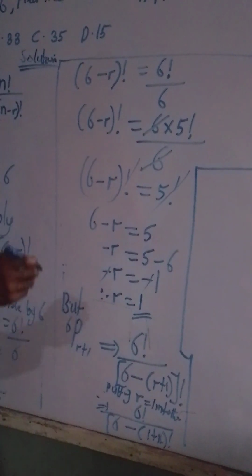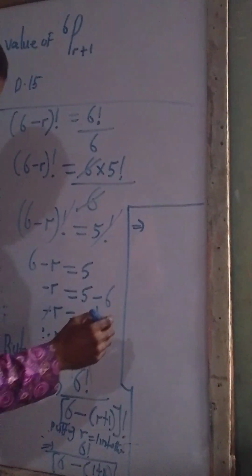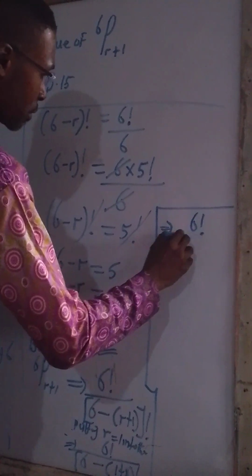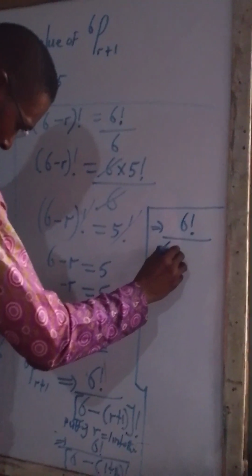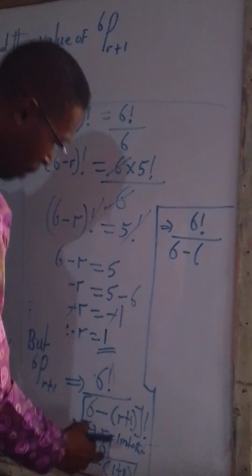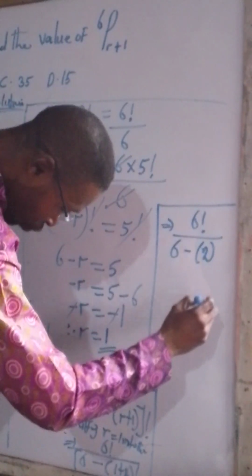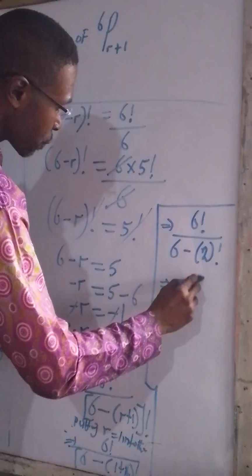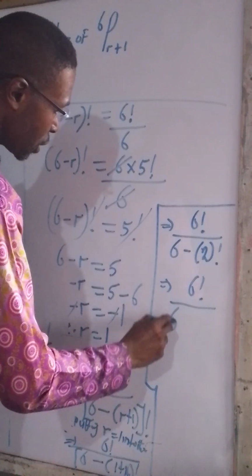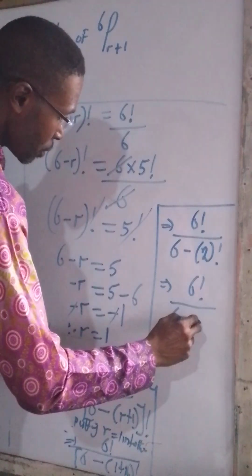We have 6 factorial over (6 minus (1 plus 1)) factorial. 1 plus 1 here will give us 2. Then we have 6 factorial divided by (6 minus 2) factorial.